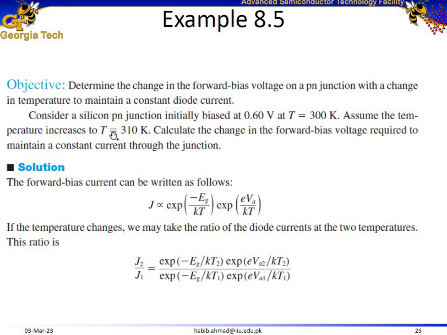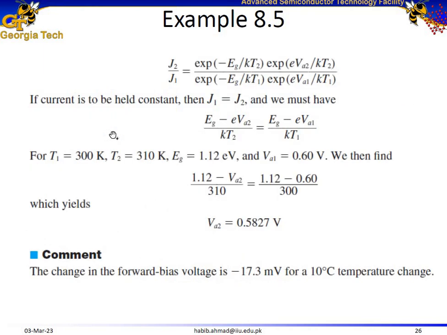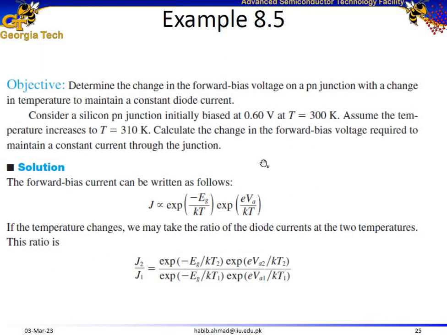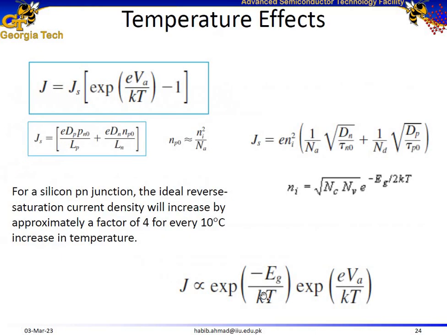Then we want to increase the temperature, and we want to decrease the voltage such that the current density remains the same, and we have to find the second value of the voltage for which the current density would be the same. We have this relationship. It's a function of voltage and it's a function of temperature and a band gap as well, but we know the band gap of silicon. We are not changing the band gap.